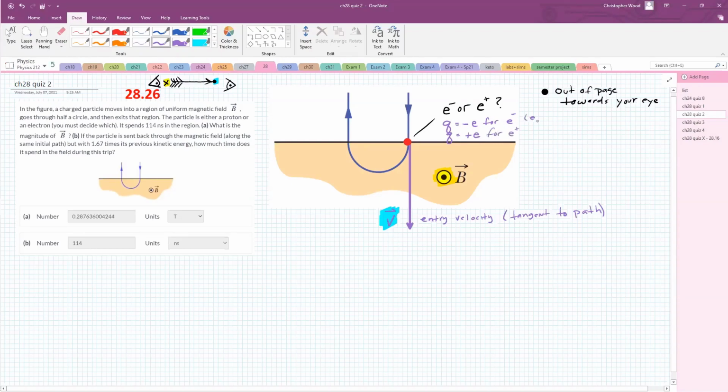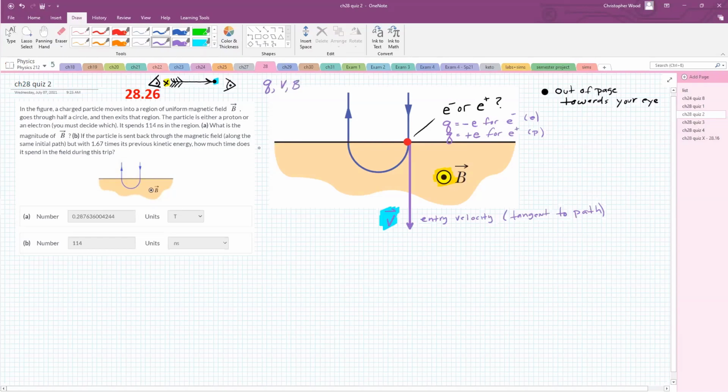So I know the charge. I don't know if it's positive or negative, but I know the charge. So here's what I do know: I know Q, I know V, I know B.